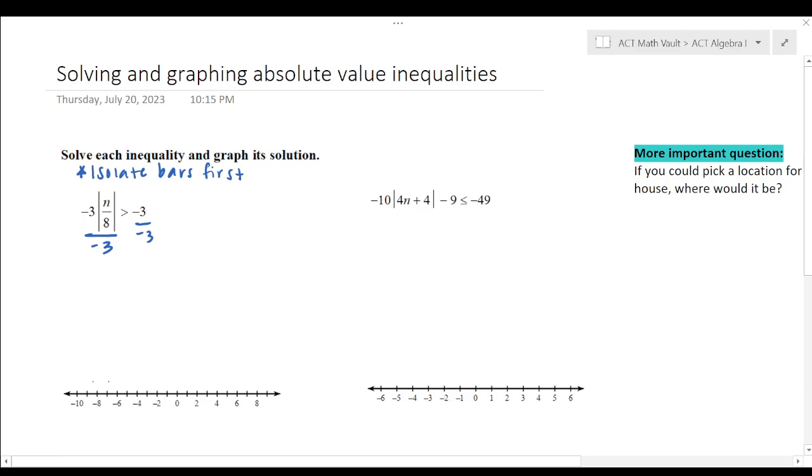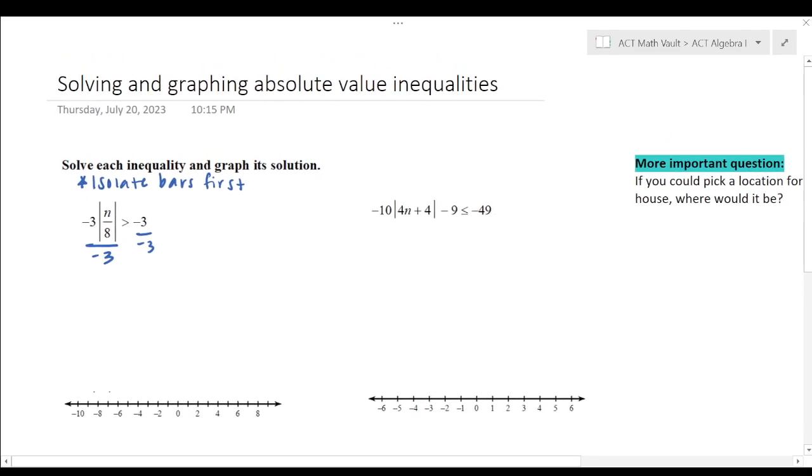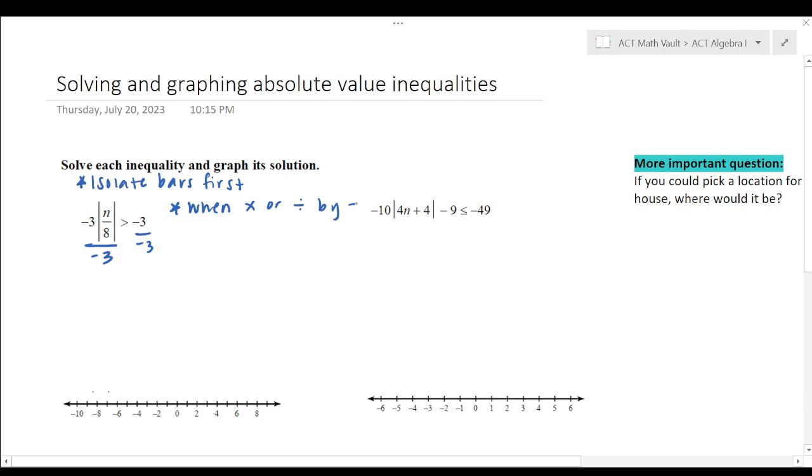So we know that when we divide and multiply by a negative, that is when we actually flip this sign. So we'll say when you multiply or divide by a negative, flip the sign.